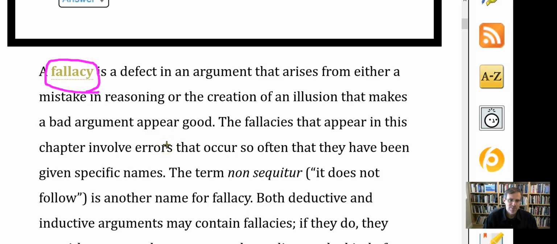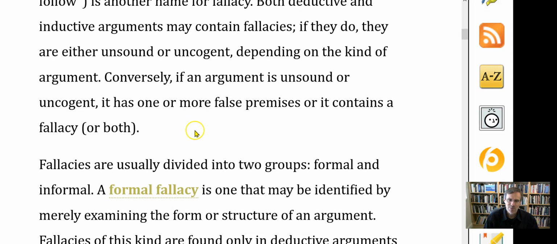To be honest, they're probably also sometimes deliberate attempts to get us to believe something that we ought not to believe. But we want to be aware of these consistent patterns of attempted arguments that use bad evidence to infer a certain conclusion. Because if we're aware of these types, then we can do a better job of not believing things that aren't well supported.